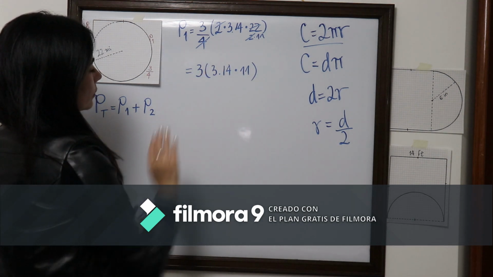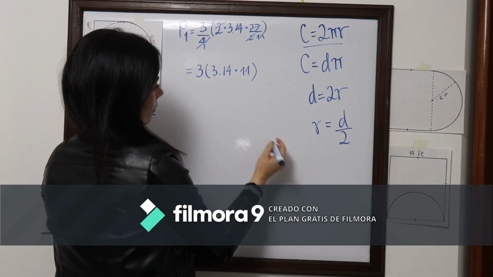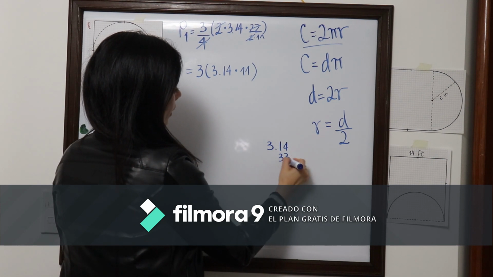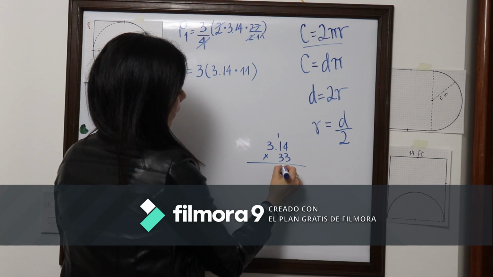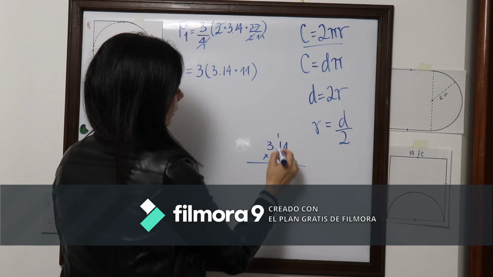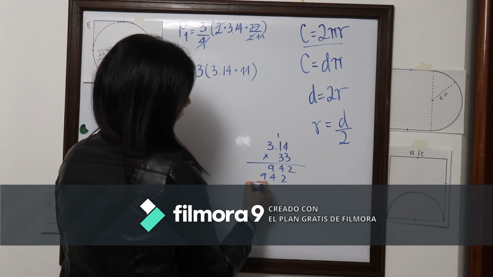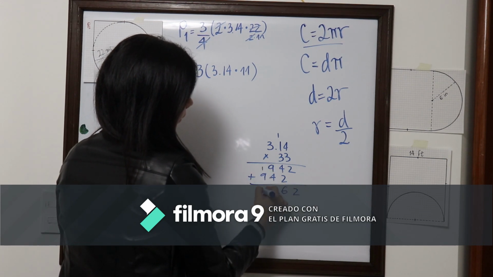Now we're just gonna multiply that up, and so I'm just gonna go ahead and do 3 times 11, which is 33. So 3.14 times 33, it's gonna be 12, and that's gonna be 4, and that's gonna be 9, and then 12 again, then 4 again, and then 9 again, of course. And so I'm gonna get 2, 6, 13, 10.